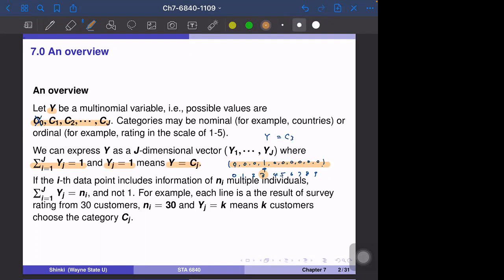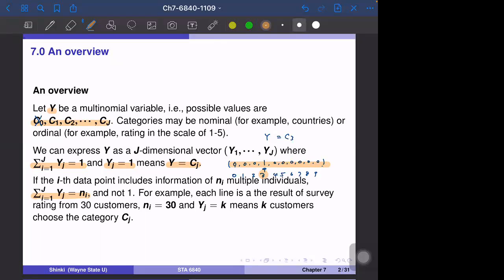And some data are more complicated. Sometimes the ith data point includes the information of n_i multiple individuals. For example, the movie rating by 5 people. Maybe 3 people voted 5, 1 person voted 4, and the other voted 3, or something like that. In such a case, the summation of yj is equal to 5.